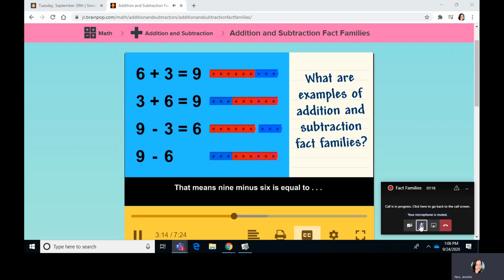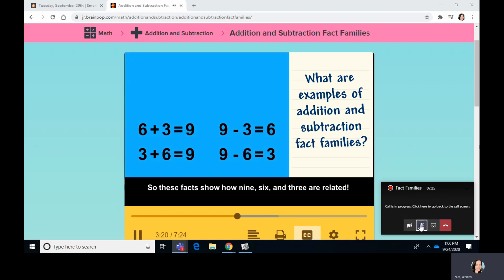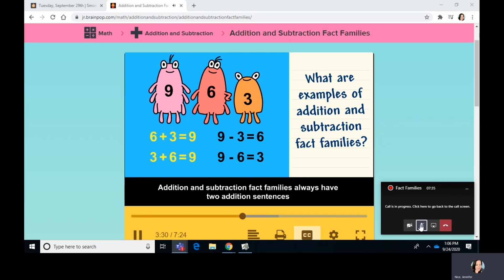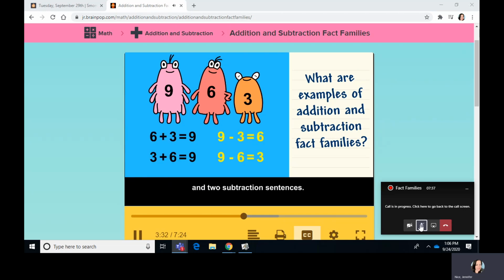That means 9 minus 6 is equal to 3. So these facts show how 9, 6, and 3 are related. They're a fact family. Addition and subtraction fact families always have 2 addition sentences and 2 subtraction sentences.